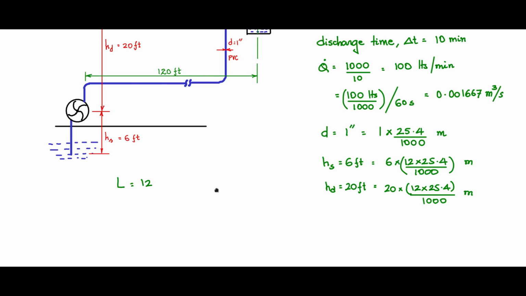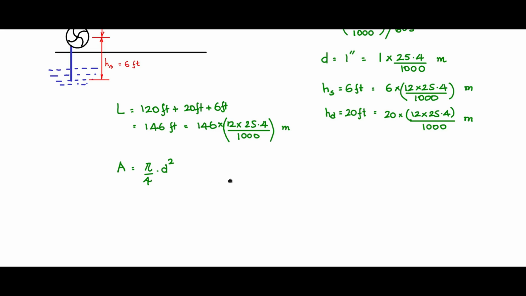So therefore 120 feet plus 20 feet plus 6 feet, 146 feet is the total pipe length water has to travel through, and there is going to be friction loss in this much length. So convert that into meters, 12 into 25.4. So this will be the meters. And you can also now find the area, pi by 4 d square.